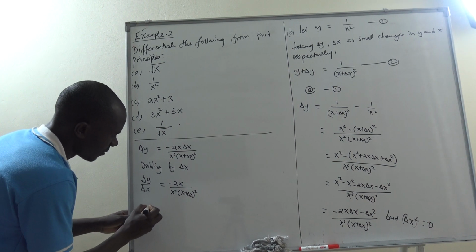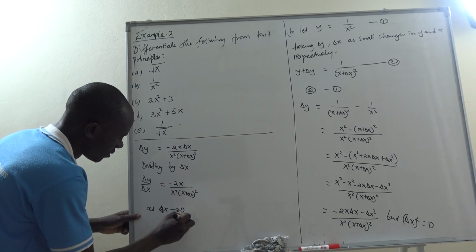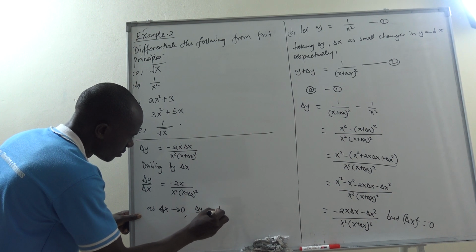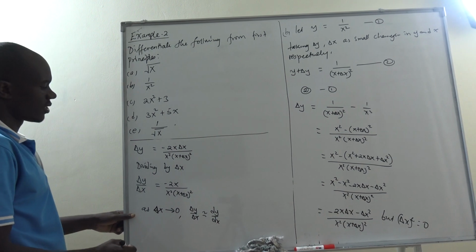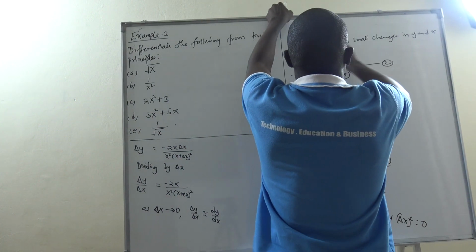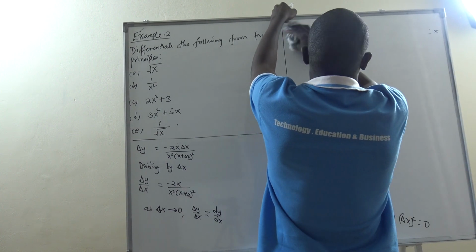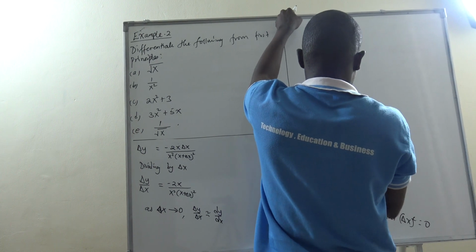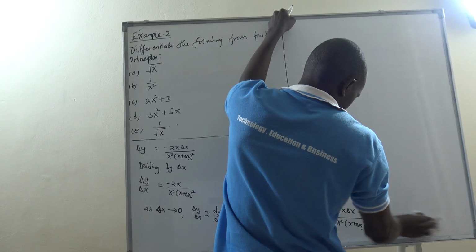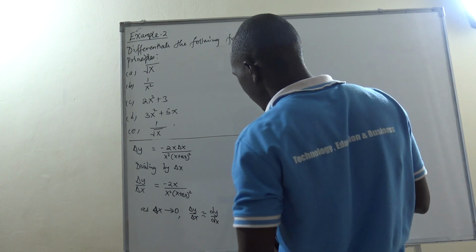Then we say as delta x tends to 0, then delta y over delta x is approximately equal to dy dx. So what does it become?